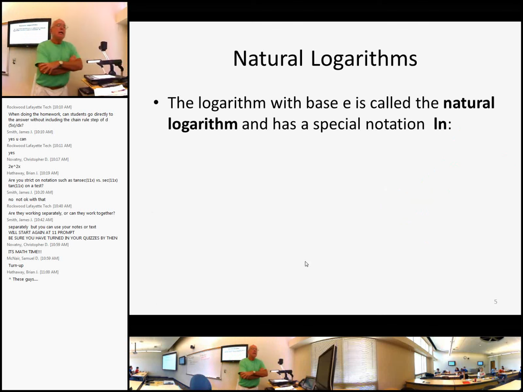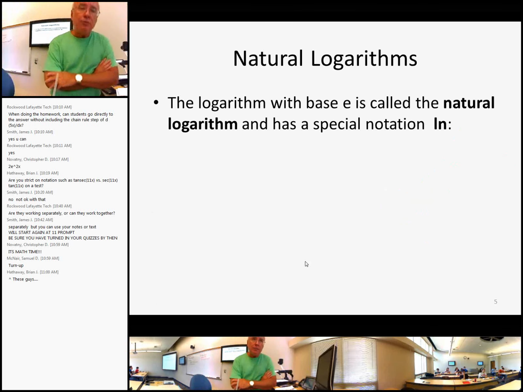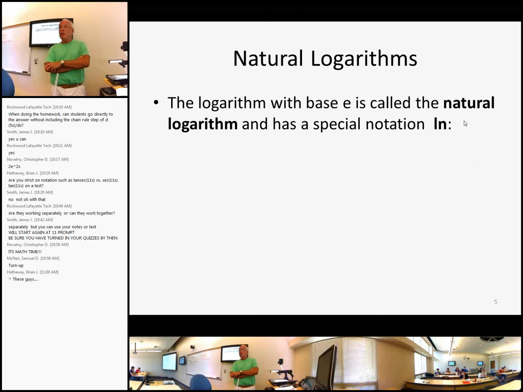Now, what we're going to be primarily interested in for our base for these logs is the base e. So the logarithm with the base e is called the natural logarithm. And it has a special notation, ln. This is something you need to put in your notes if you've not heard of it already, because we're going to be using it a lot.